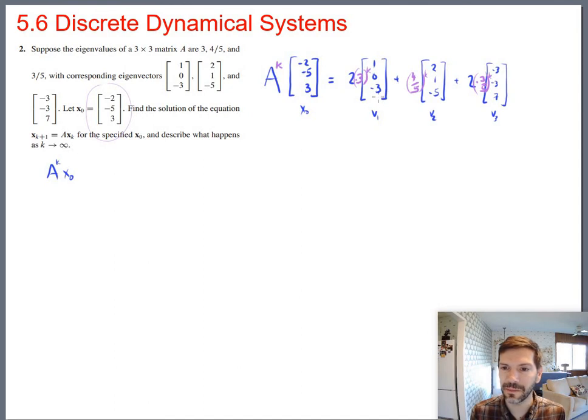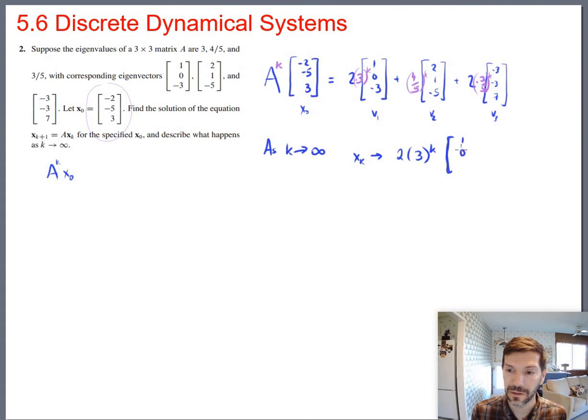So as k gets bigger and bigger, 4/5 to the k gets smaller and smaller and approaches 0. And so does 3/5 to the k. So you can say as k approaches infinity, these two terms drop out, and xk approaches 2 times 3 to the k times 1, 0, -3.